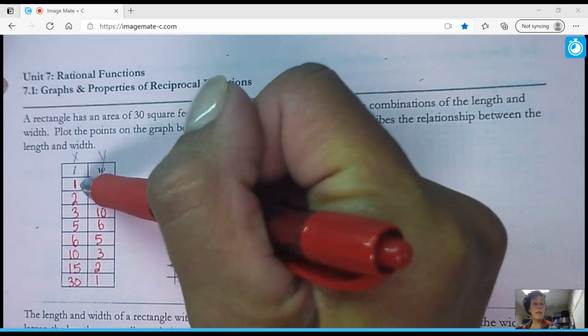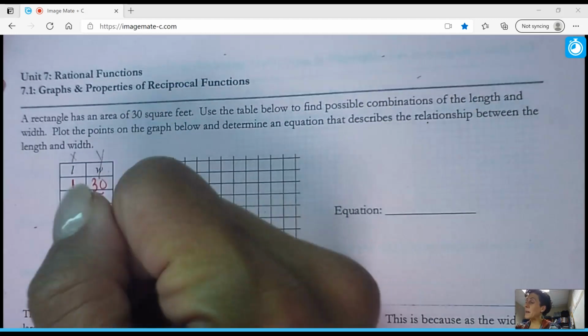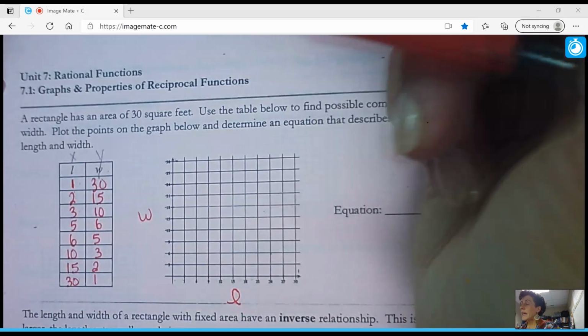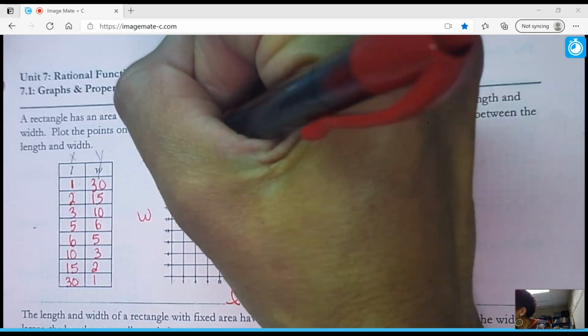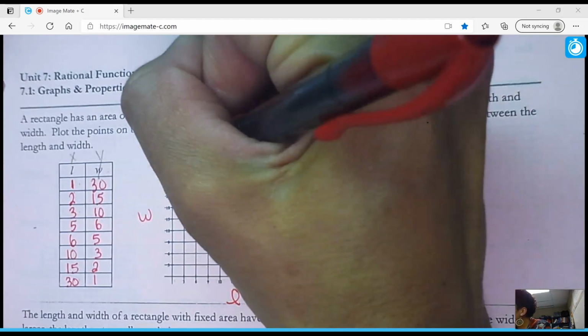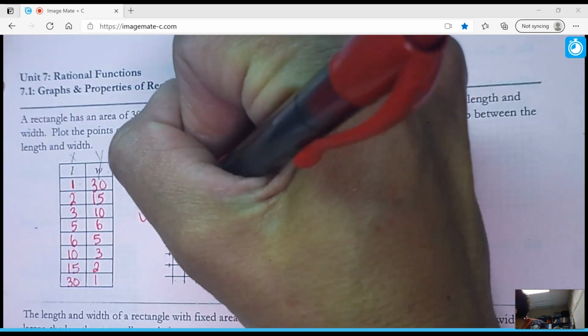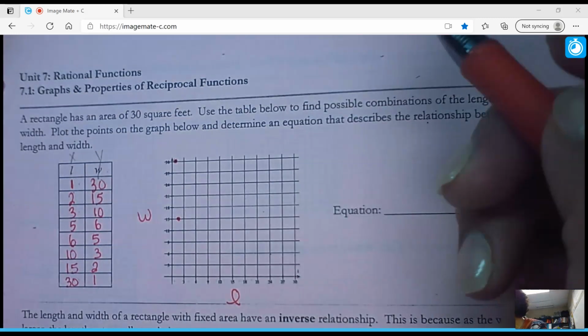As the x's, which we'll put our lengths down here, get bigger, our widths, which we'll graph as the y's, get smaller. I'm going to estimate some of these points. 1 and 30 might be about here, and 2 and 15 would be about here, because my scale is going by 3s. I realize this is really small to see.